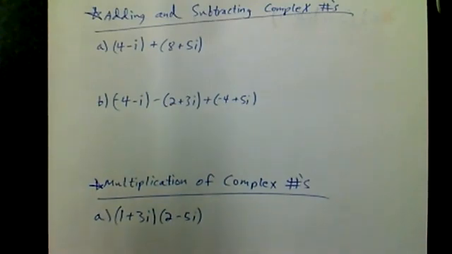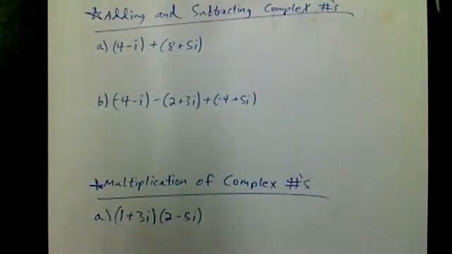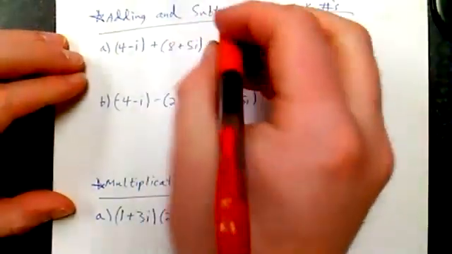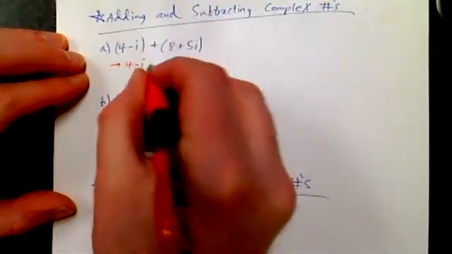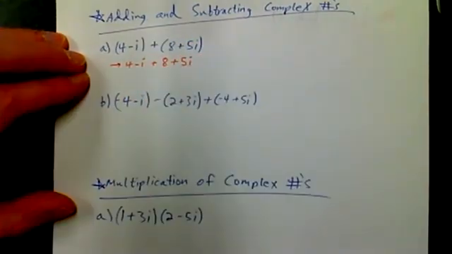Okay, so when we look at adding and subtracting complex numbers, here's the good news. Until the end of the problem, I'm going to treat the i's just like variables, just like if it was an x there, except I'm using i's. So what I got is 4 minus i. If this is a plus, I can just get rid of the parentheses, just like back in your algebra class.